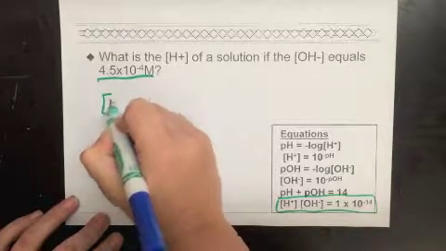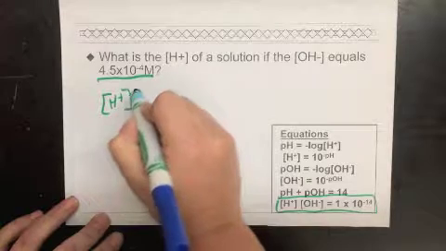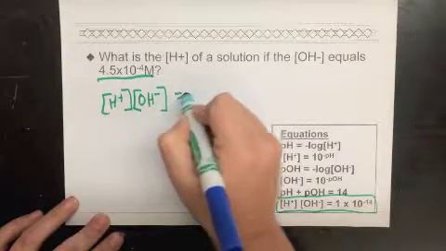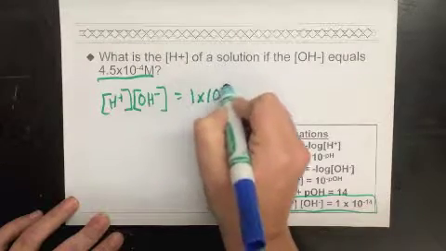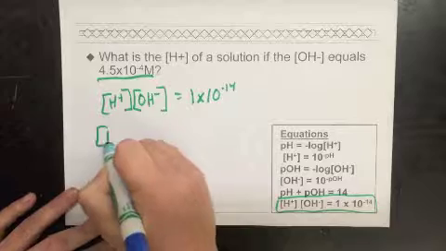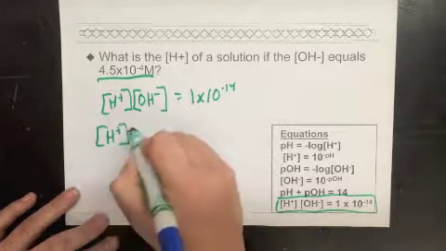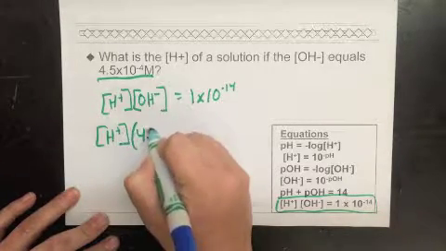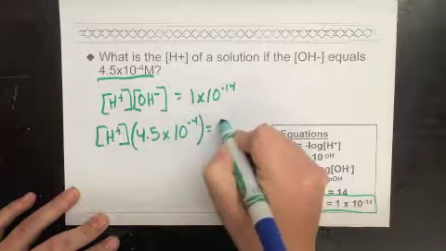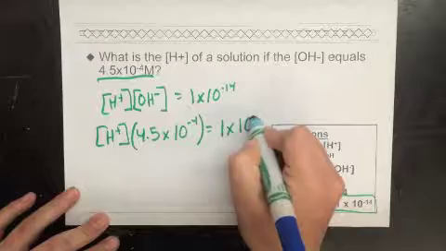So you're going to use H plus times OH negative will always equal 1 times 10 to the negative 14th. So we're looking for H plus. So we're going to multiply that by 4.5 times 10 to the negative 4th equals 1 times 10 to the negative 14th.